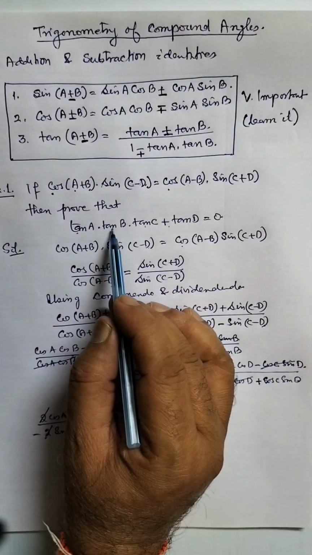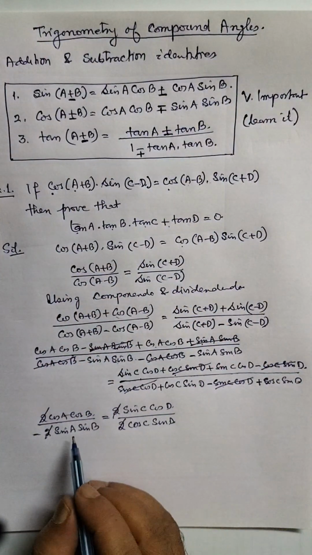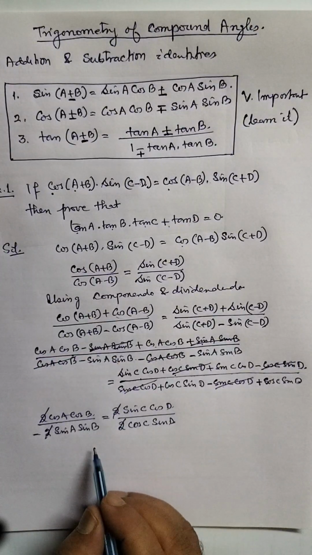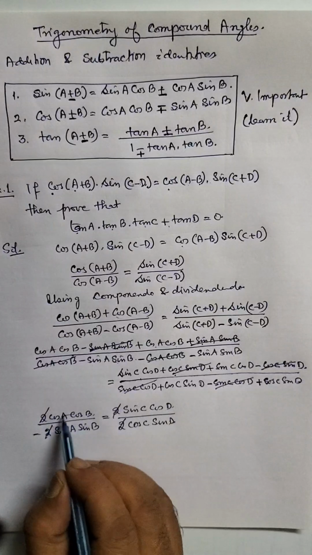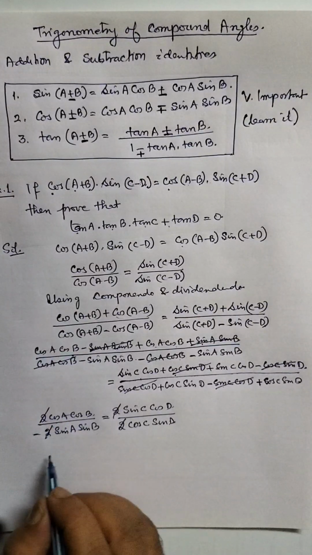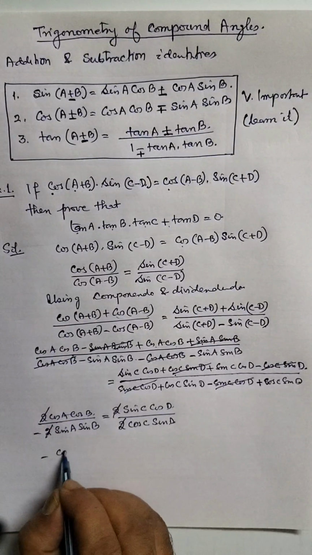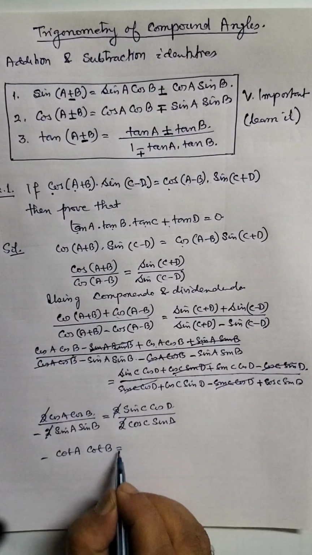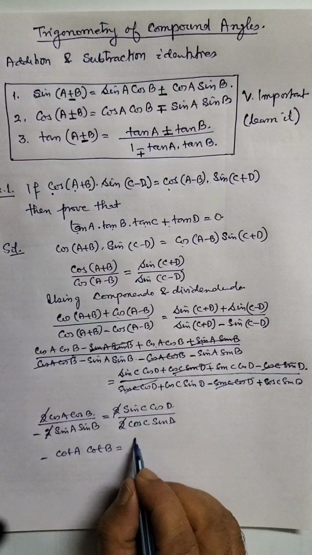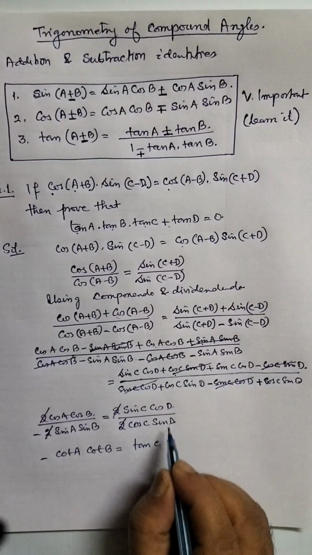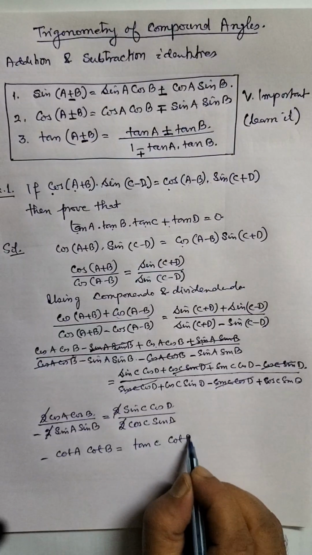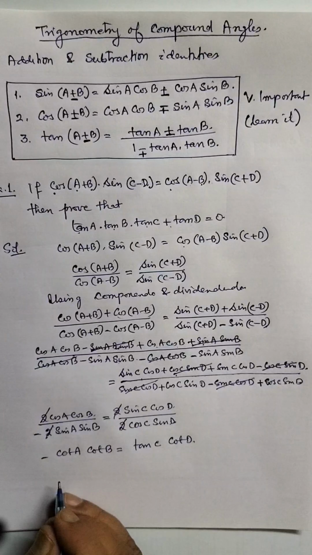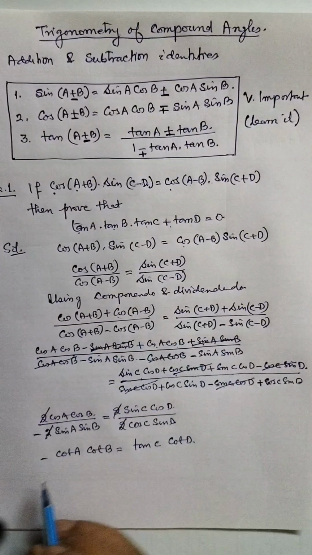Next we have to get tan A, tan B, tan C. Now this is cot A, cot B equals tan C cot D. Let me just convert the entire thing in terms of tan.